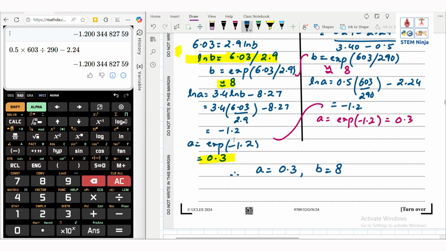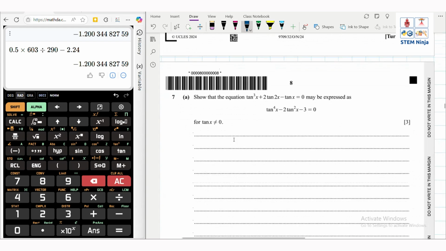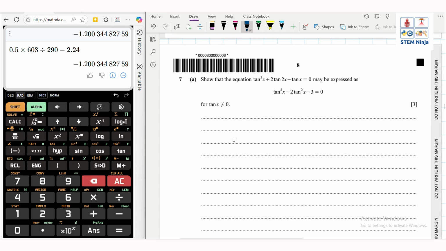All right, so let's move on to the next question. Show that the equation tan cubed x plus 2 tan 2x minus tan x equals 0 may be expressed as this, in tan x. First off, we need to deal with the tan 2x. So tan 2x can be written as 2 tan x over 1 minus tan squared x.